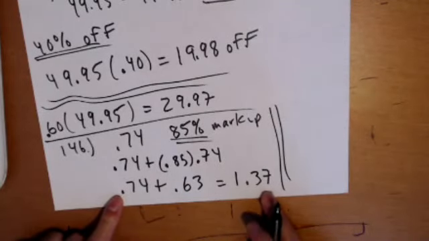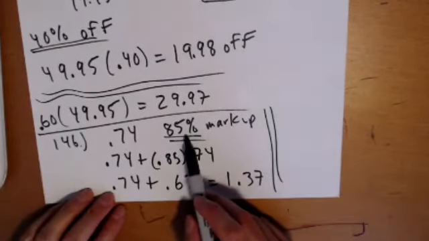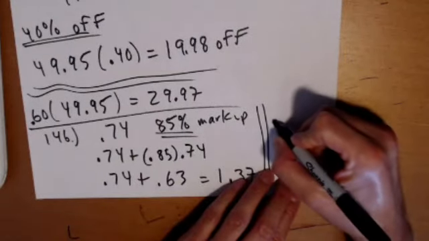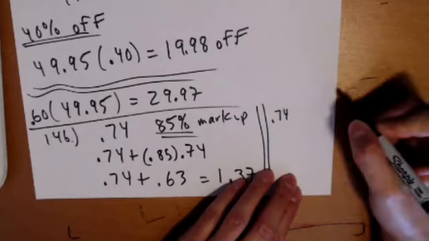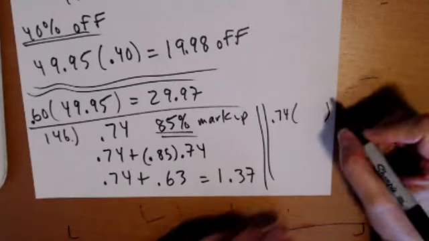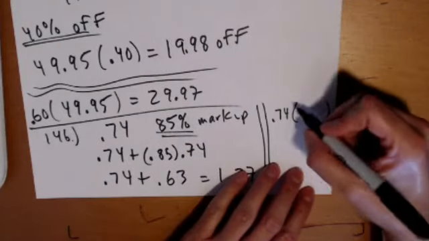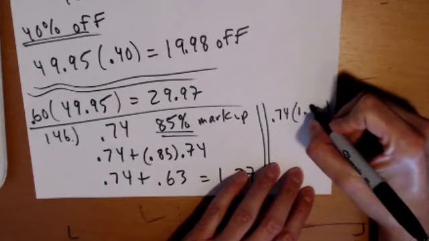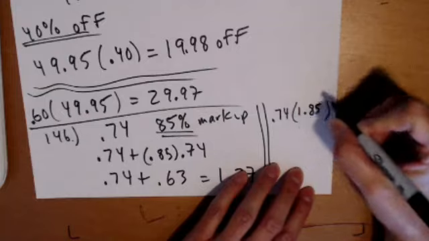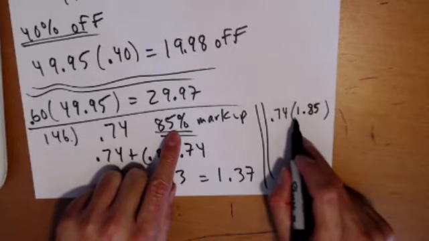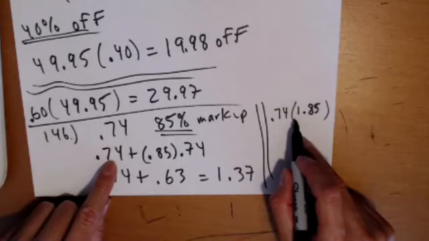Here's a shortcut. It's the markup plus the original. So why don't I just take that original price of 0.74, and if it's the markup plus the original, what if I just multiply by 1.85? Right? So the 0.85 represents the 85% markup, and the 1 represents the original cost.